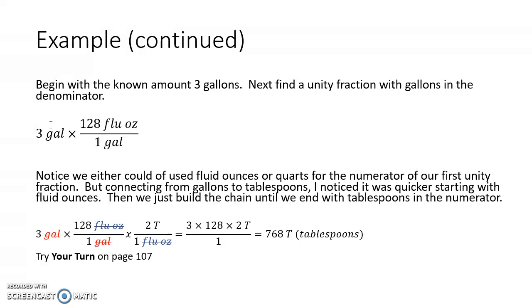And in the top, since I don't have the tablespoons that I was looking for, I need something that eventually is going to get me to tablespoons. And if you notice, if you look at that page 105, with the 1 gallon, you can either use 4 quarts or 128 fluid ounces. Looking around in this, I also see that they talk about ounces, and they connect the ounces directly with the tablespoons. So I'm going to use the ounces here.